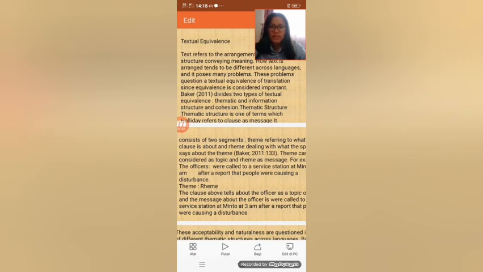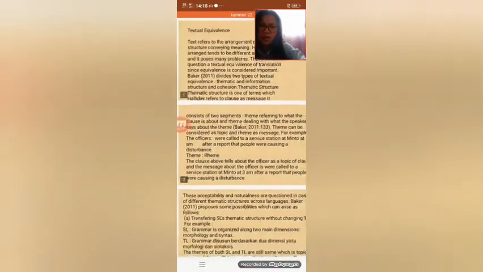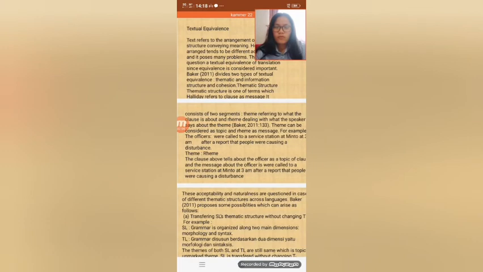Thematic and information structure, and 2. Cohesion. Okay, number 1, in the slide, we can see that it consists of 2 sides.